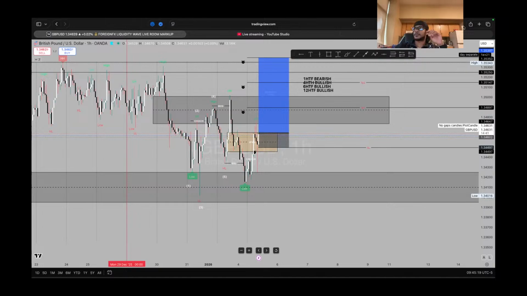Chart, I have 1, 2, 3, 4, 5. I didn't mark the 6 and 7. Once price creates a new high, breaking that lower high, for me that's a change of character. And then I want to see price pull back, create a higher low, which is the fifth leg. Once that fifth leg is complete, that's when I would look to enter a trade.